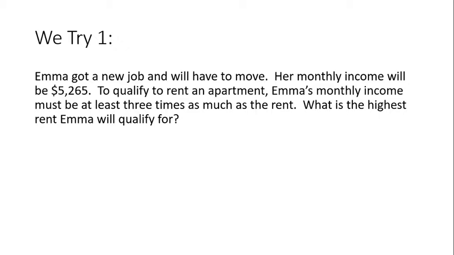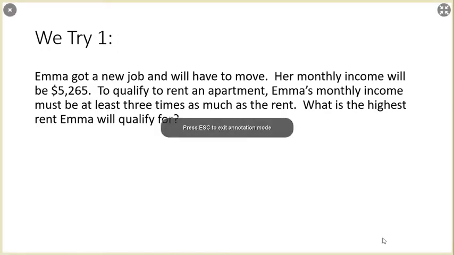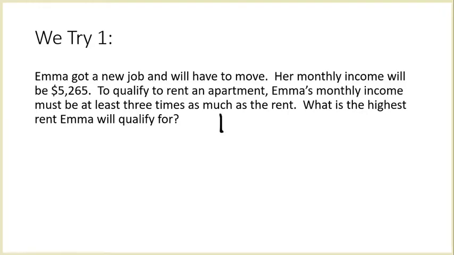So let's name and find a variable. I'm going to let R equal the rent, her maximum rent. So Emma's monthly income must be at least 3 times the rent.